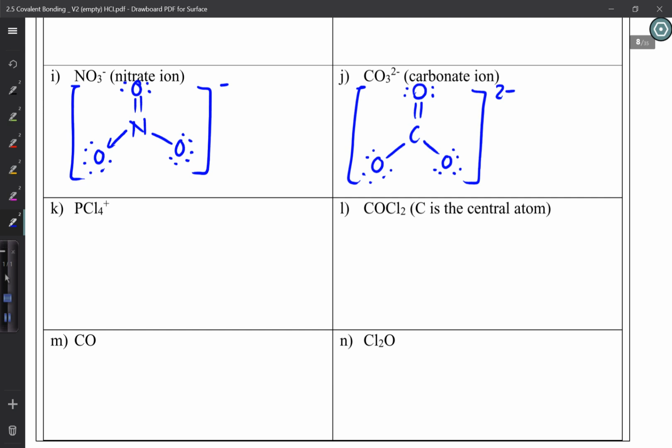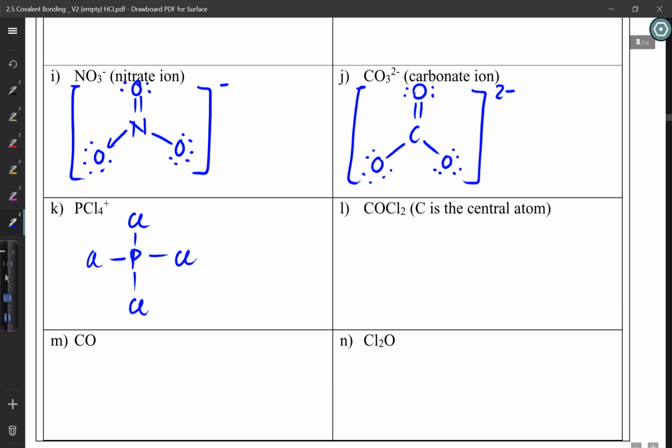Because P is less electronegative, right? You don't really have to refer to the electronegativity table. You can recall based on the trend. It increases in this direction and up the table. So you can easily predict which one is higher. So you have PCl4 plus. Remember to draw the lone pairs.